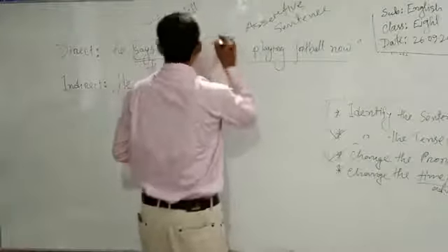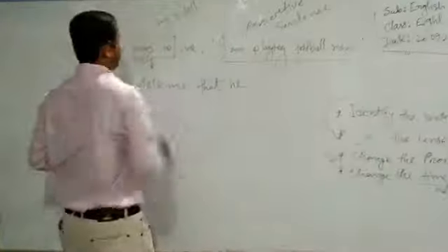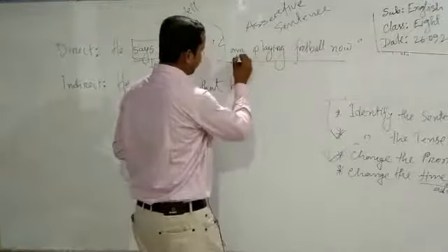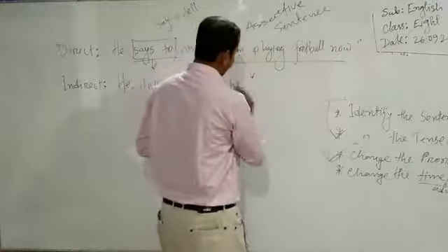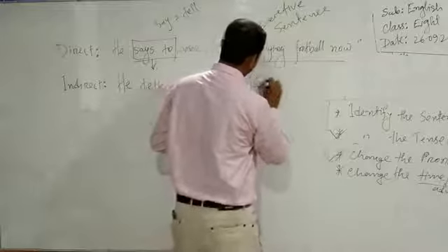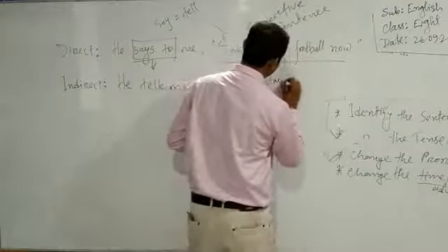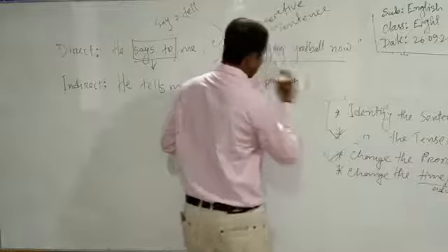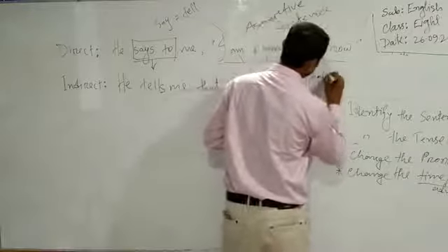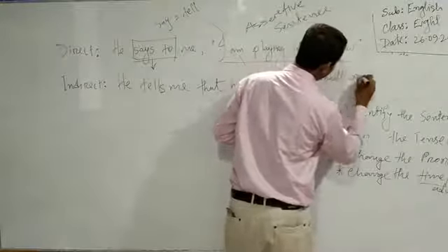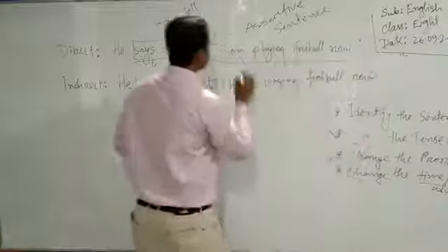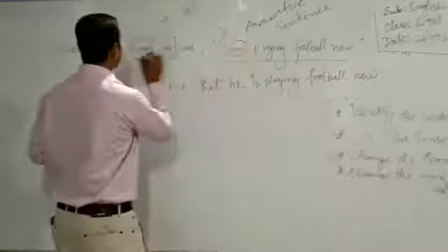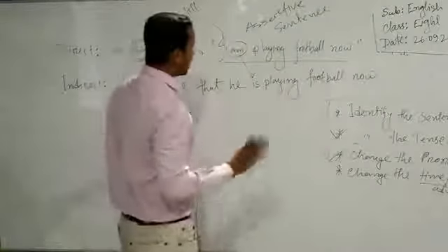He, I equal to subject, that means he, then the be verb comes according to the subject: he is playing football now. As both verbs are in present tense, I am not changing anything.